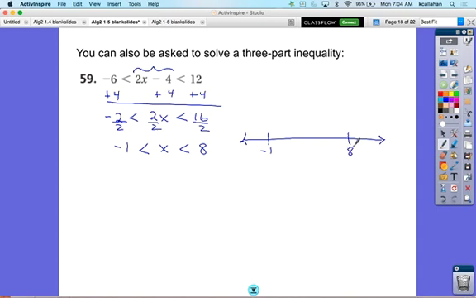Looks like both of them are open circle. And you should look at a three-part inequality that x is between the negative 1 and the 8. So we're going to shade between the negative 1 and the 8.